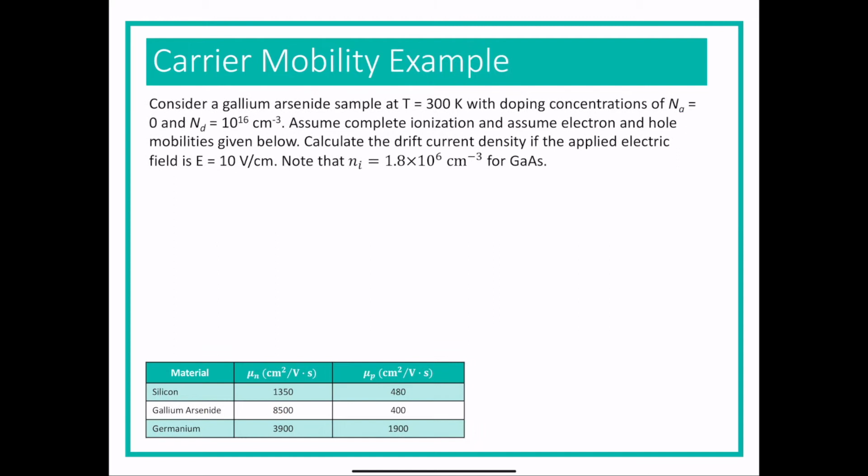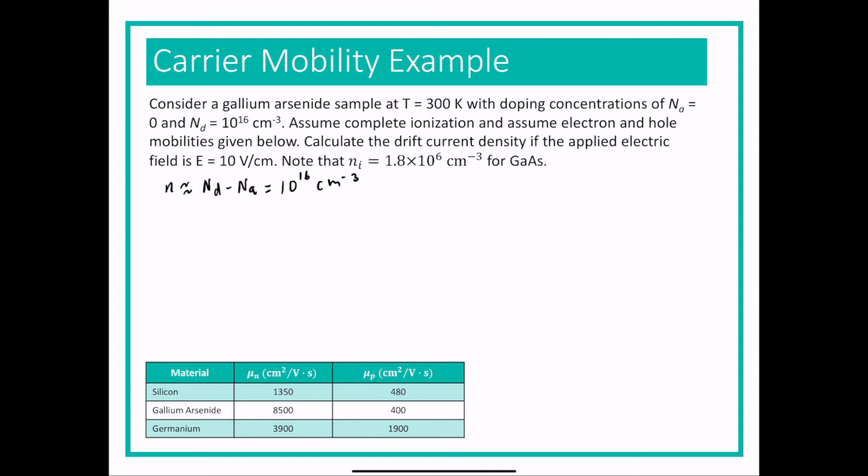Therefore, the number of electrons is approximately equal, because the doping concentration is so great. It's much, much bigger than the intrinsic value of electrons, so we can say that's approximately equal to the number of donors minus the number of acceptors, and the number of acceptors is 0, so that's just going to be 10 to the 16 per cubic centimeter.